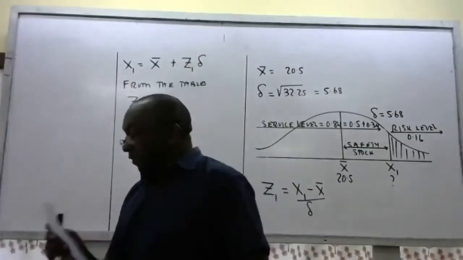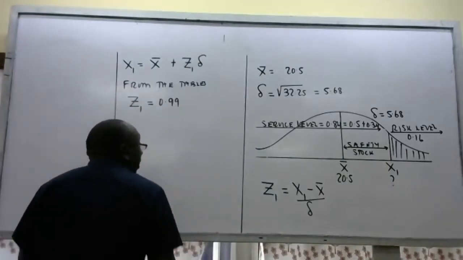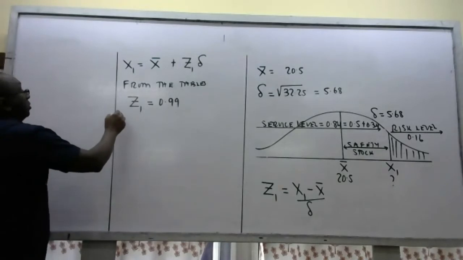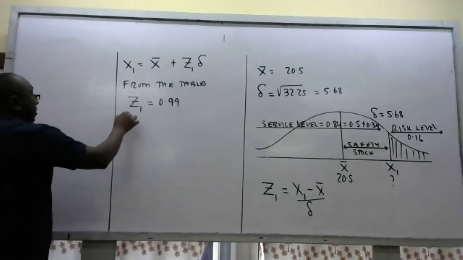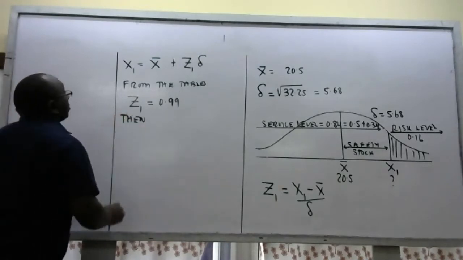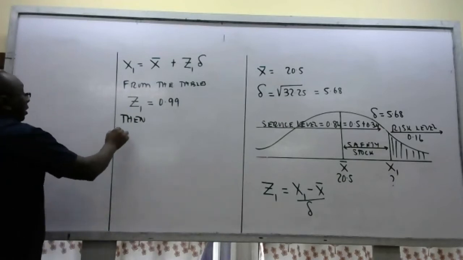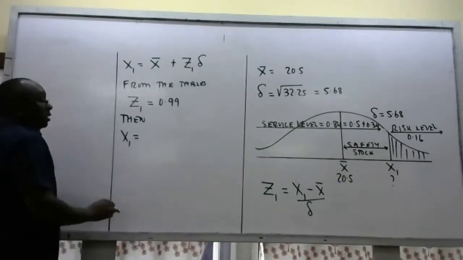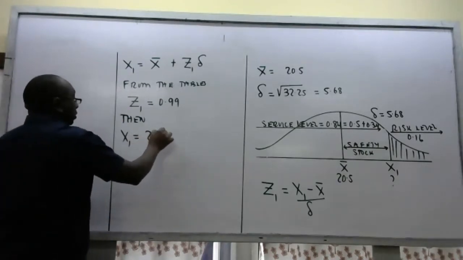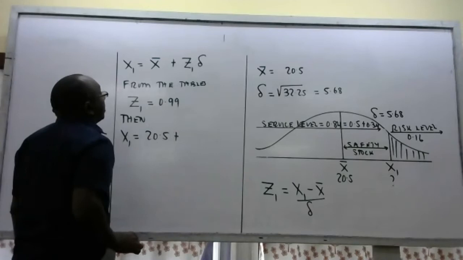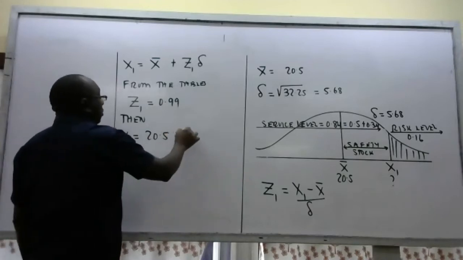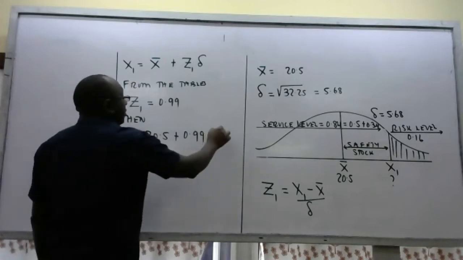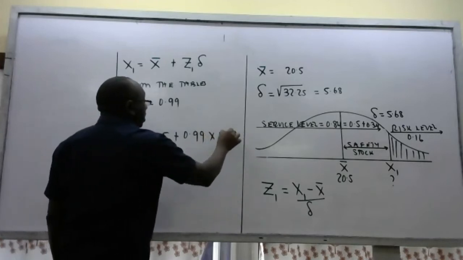Okay, so if you are comfortable, we say then X1 is equal to X bar 20.5 plus 0.99 times 5.68.